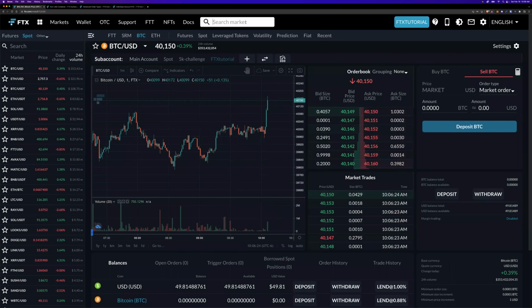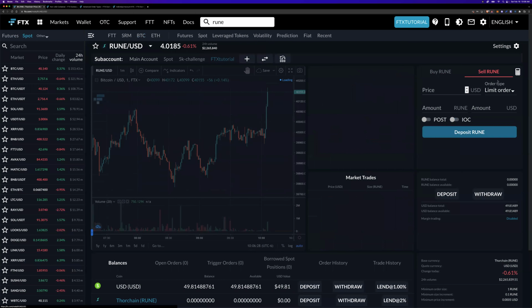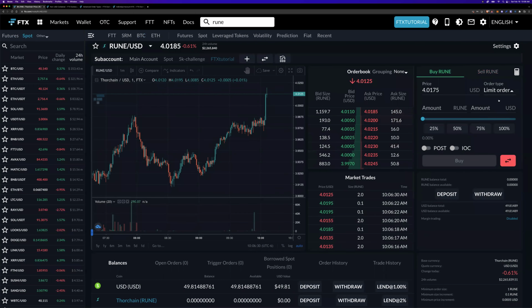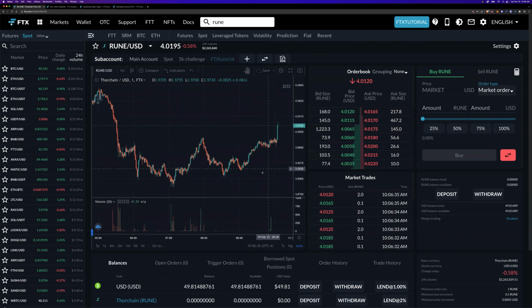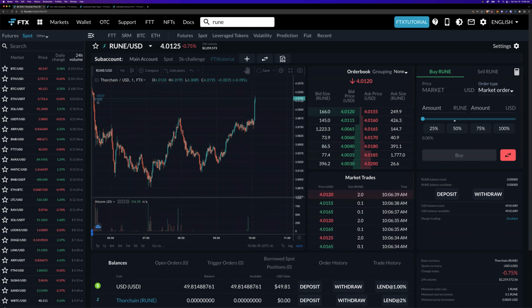And one asset that I know of that doesn't have the ability to use as collateral is Rune. It's probably because Rune itself does not have that much liquidity. Maybe FTX thinks Rune is risky. I don't really know why they don't allow collateral to be used on this, but here, watch this. So I'm going to buy Rune spot.